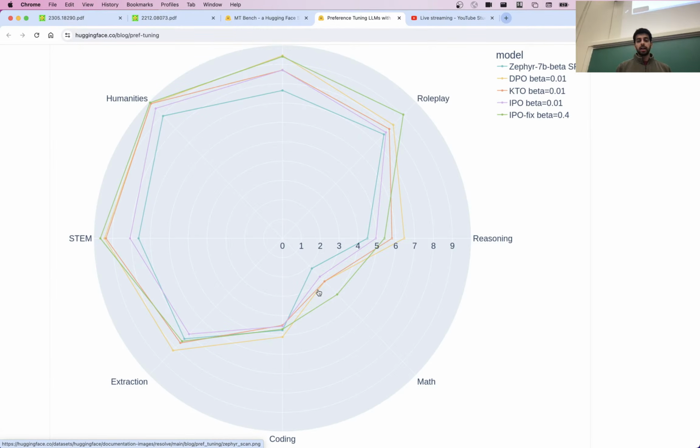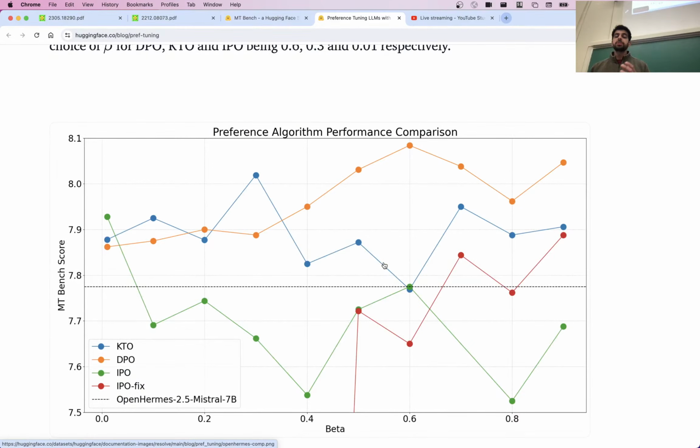So they have another base model here, the OpenHermes Mistral base model. And here you see that DPO is actually the best of these alignment strategies. It's getting an MT-Bench score of over 8. The SFT base model is already doing pretty good here, which also shows you the impact of this kind of alignment.